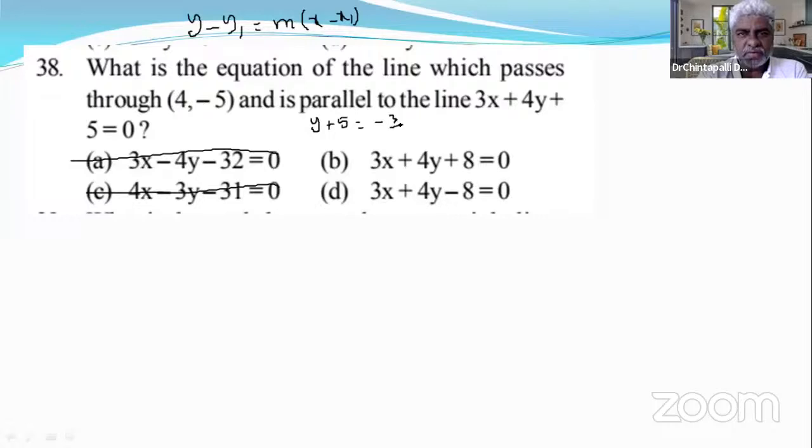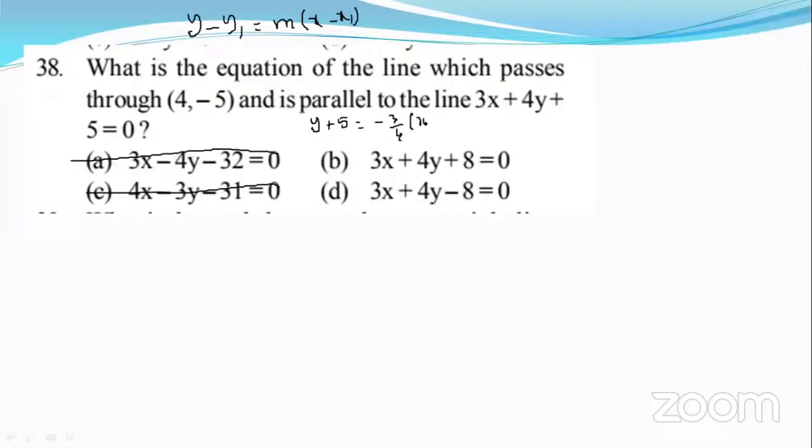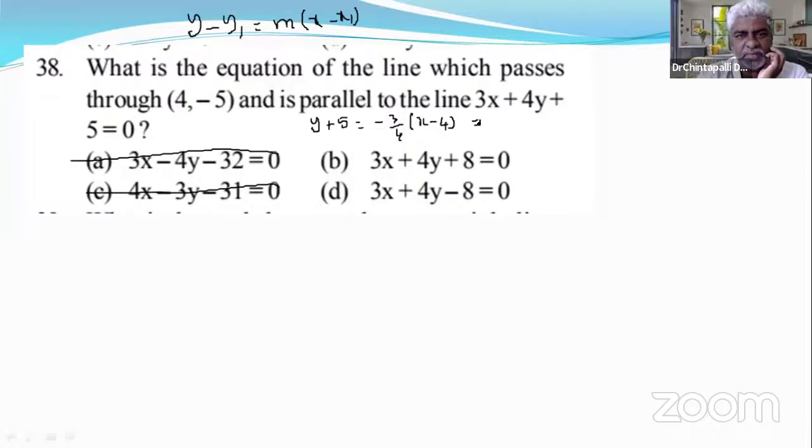Multiplying by 4, it will be 4y plus 20 is equal to negative 3x plus 12.